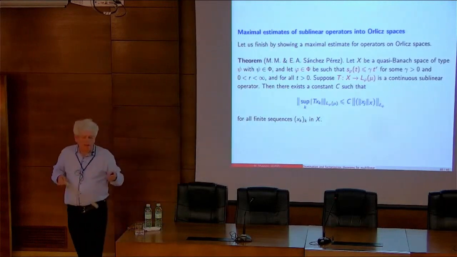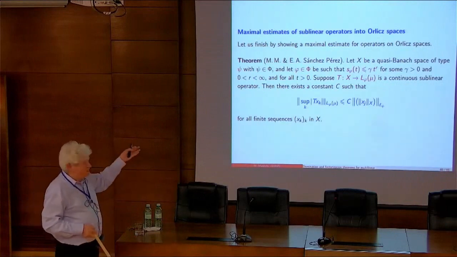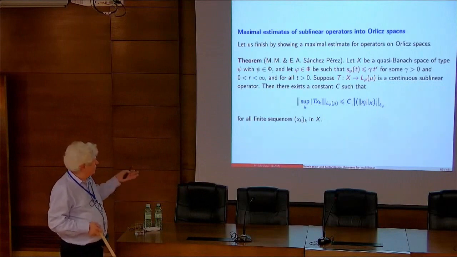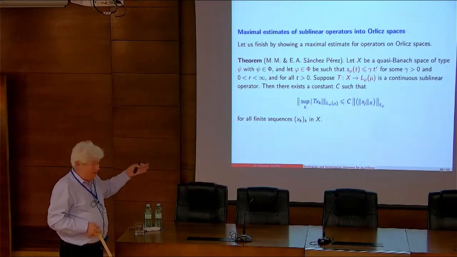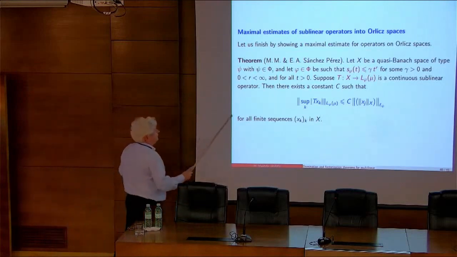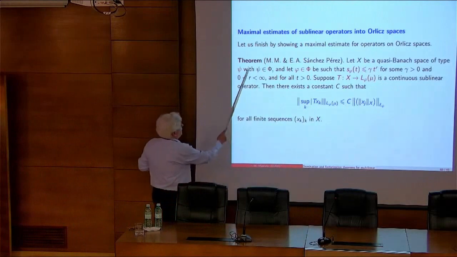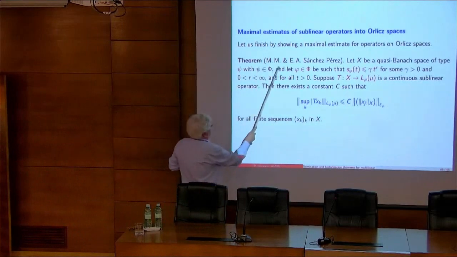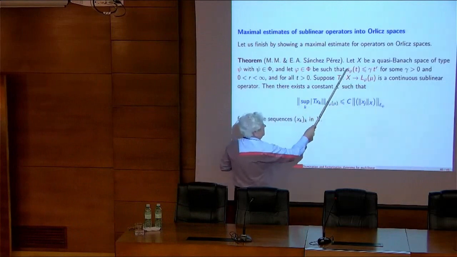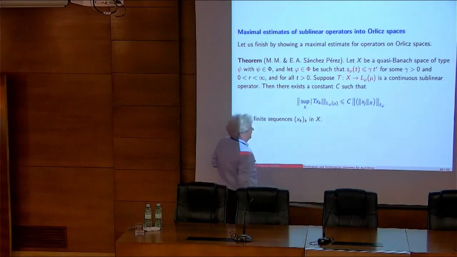Using the technique of the Nikishin theorem, we were interested in this maximal inequality, and this is the variant which we believe can be applied to some problems in stochastics. It says the following: if you have a quasi-Banach space of type psi, where psi is in our class, and we have an estimate for this maximal submultiplicative function like this.